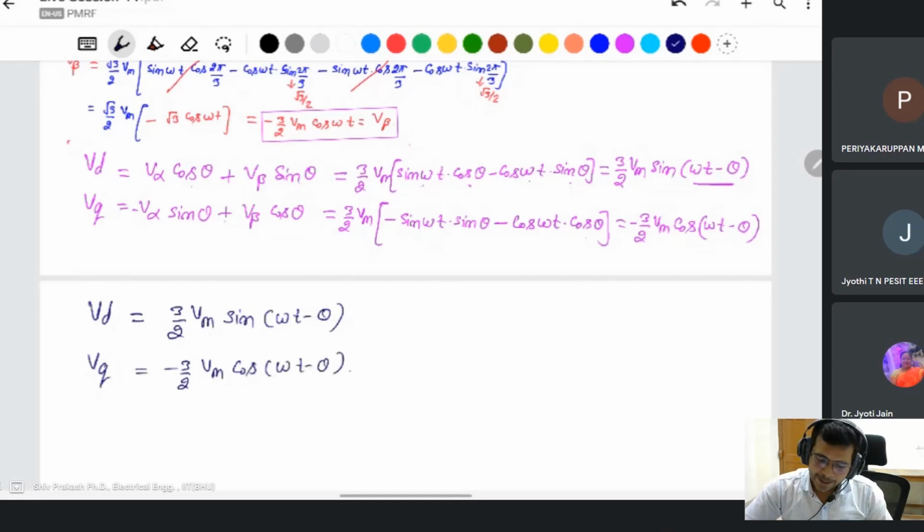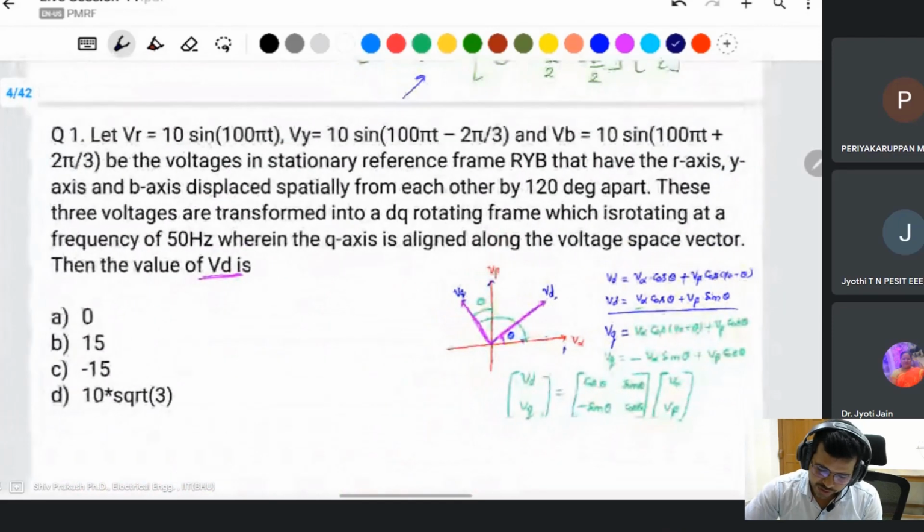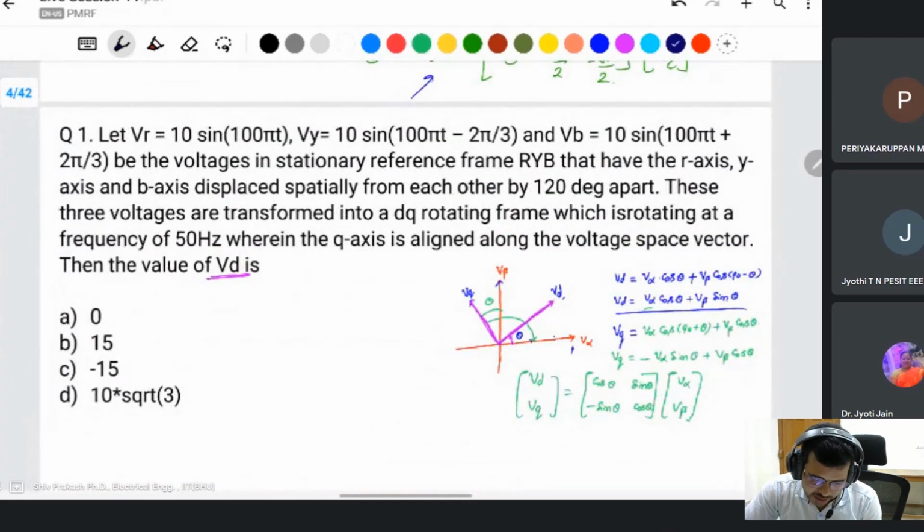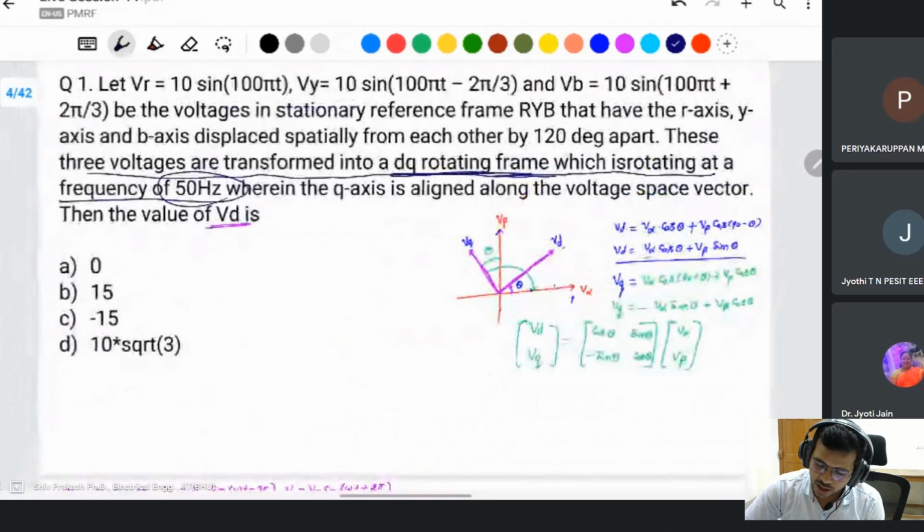In the question, what is it saying? The question says that these three voltages are transformed into a DQ rotating frame which rotates at a frequency of 50 Hz. Then what is theta? Theta is 2 pi f t, that is omega t.